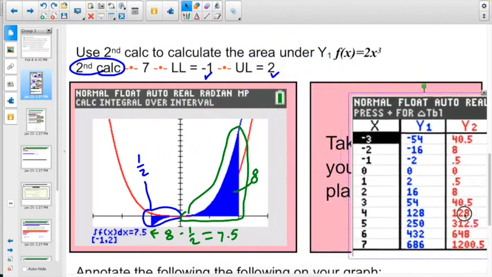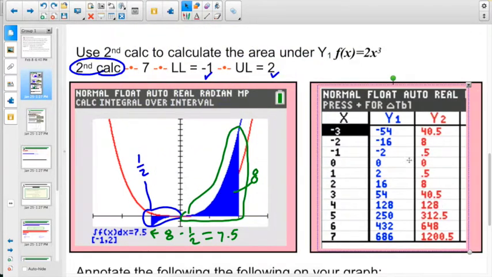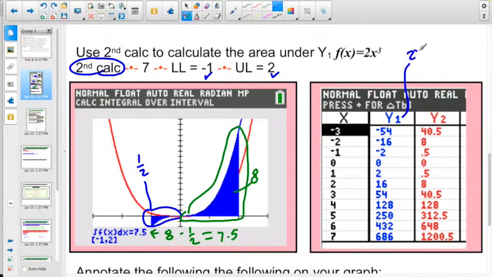And as we look at this table, we can see that we have the y1, which is the 2x cubed, and then we have the y2, which is the integral of 2x cubed dx.